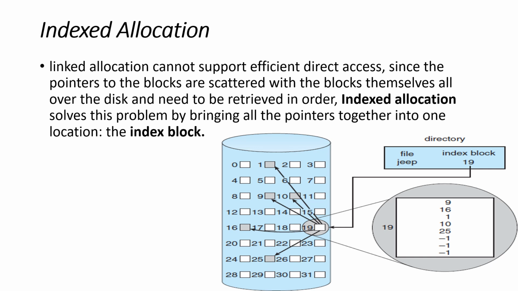All these are pointers, where 19 is pointing to 9, 16, 1, 10, 25, and -1 indicates nothing is there. All these blocks 9, 16, 1, 10 and 25 are indexed in 19. So in the directory we are not going to give all those numbers; we give only the index block.